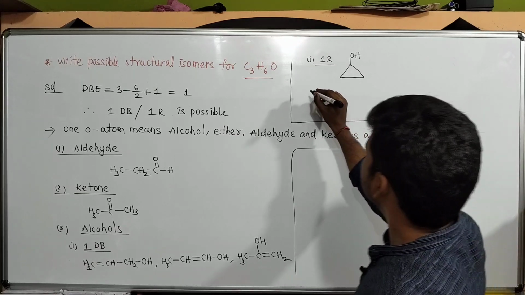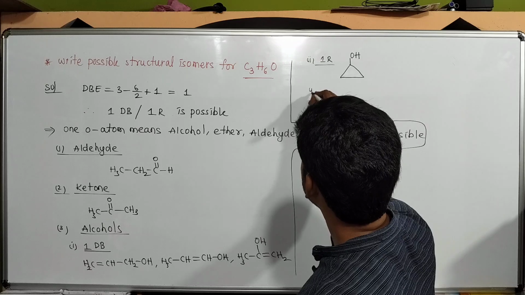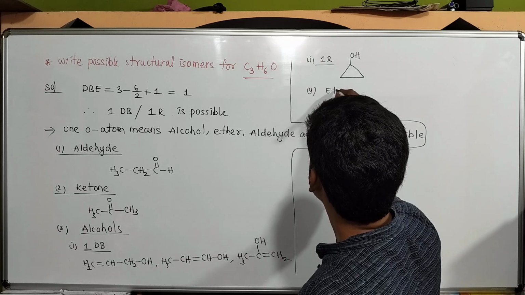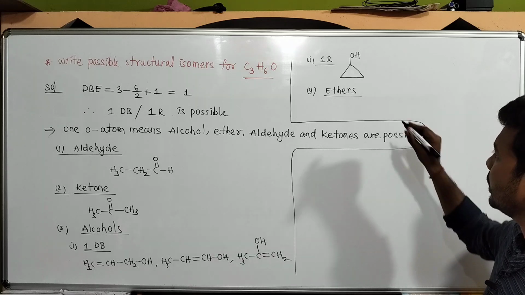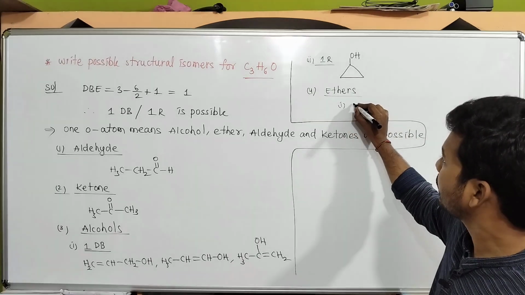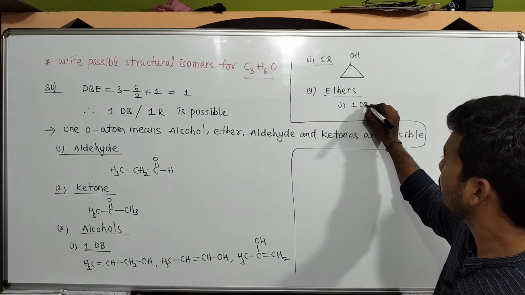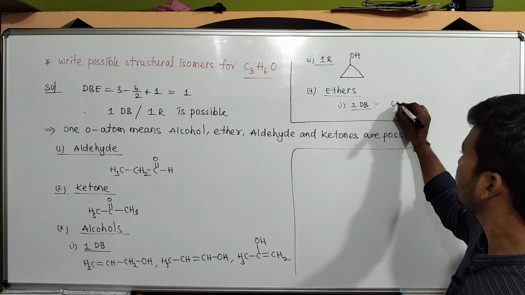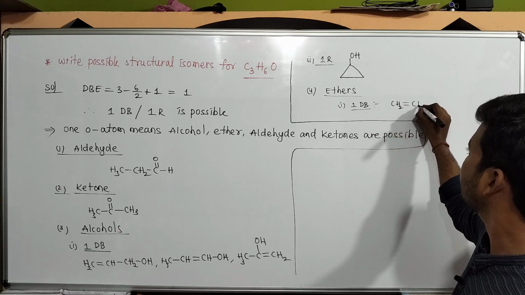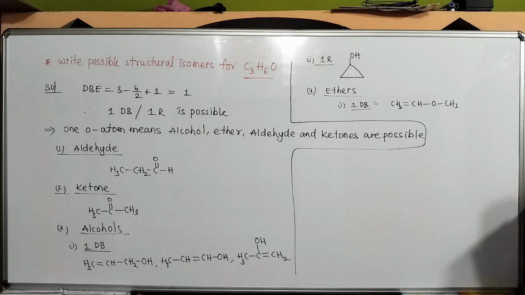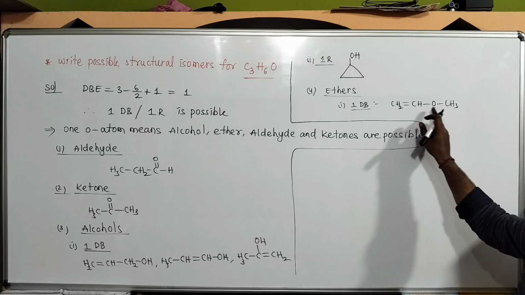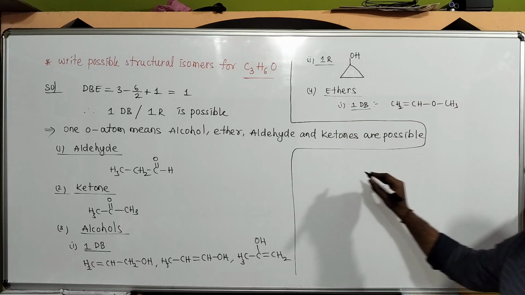Next, ethers. Fourth one, ethers. In ethers also, first one double bond, 1 DBE ether, that is CH2 double bond CHOCH3. This one, double bond with ether, 3 carbon atoms, 6 hydrogen atoms.